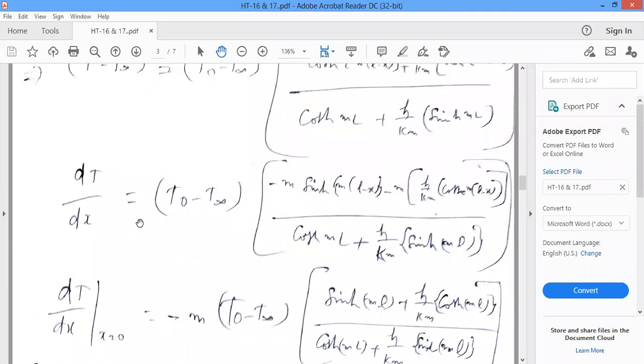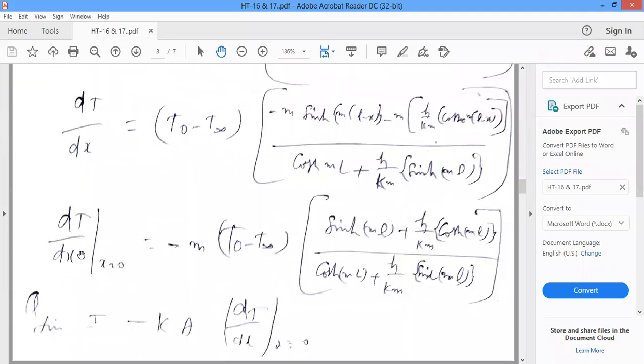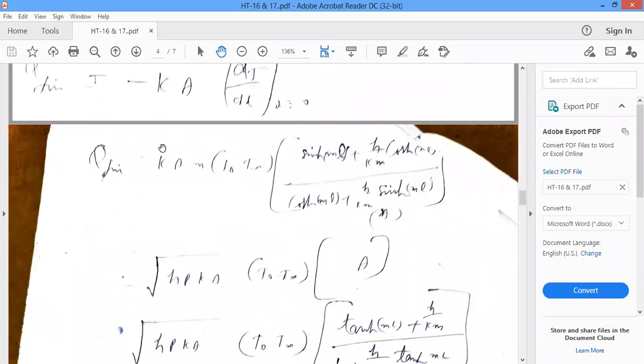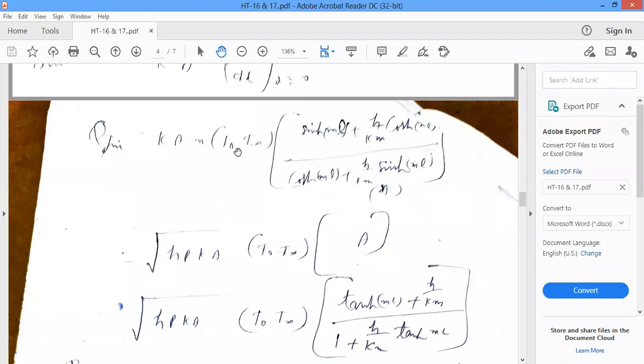After differentiating temperature with respect to x and substituting dT by dx at x equals 0 in the heat transfer rate equation, q fin equals minus Ka dT by dx at x equals 0, you will get q fin equals Ka m into (T naught minus T free stream) into (sinh mL plus h by km cosh mL) divided by (cosh mL plus h by km sinh mL).